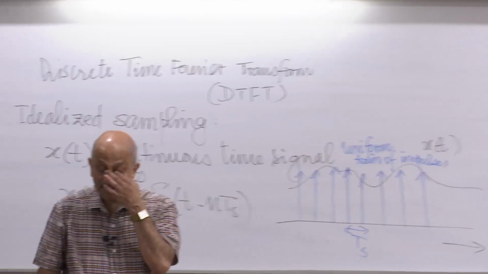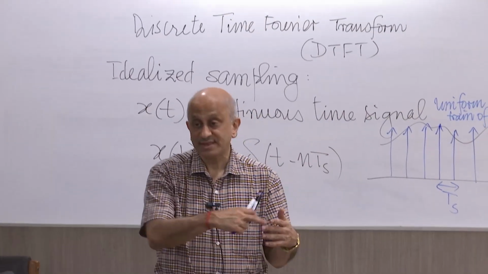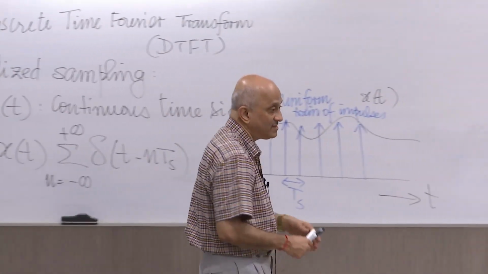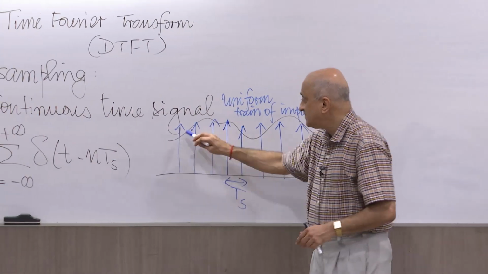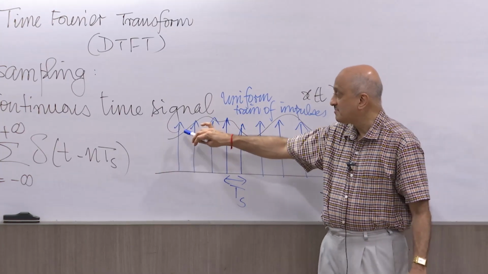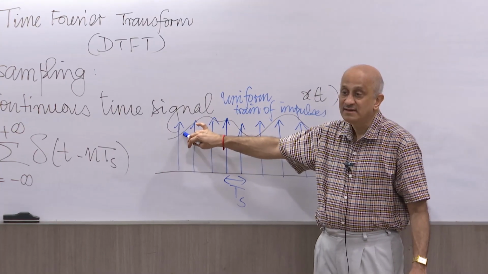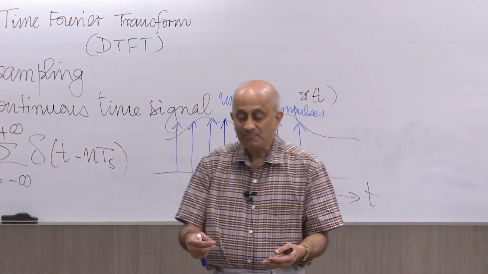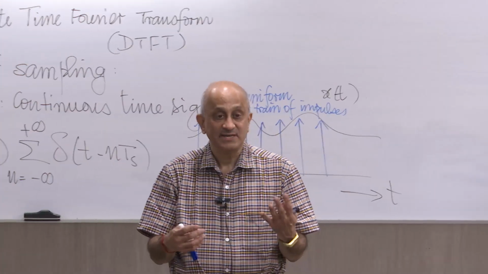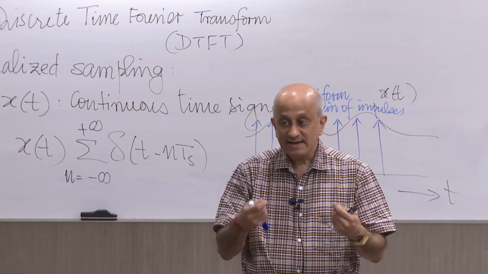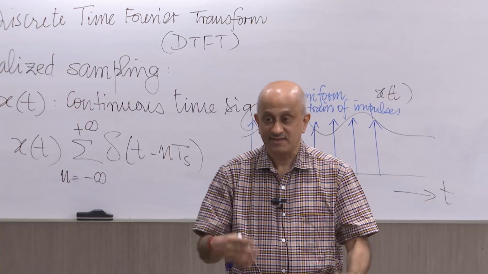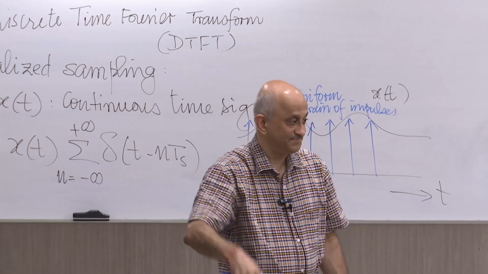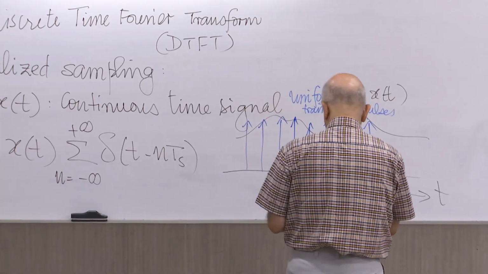When you multiply x(t), a continuous time signal, by this uniform train of impulses, what is the consequence? Each of these impulses effectively gets multiplied by the value of the signal at those points. So we now invoke the shifting property of the impulse. What does each impulse do? It shifts, and it picks up the value of the signal at that point, right?